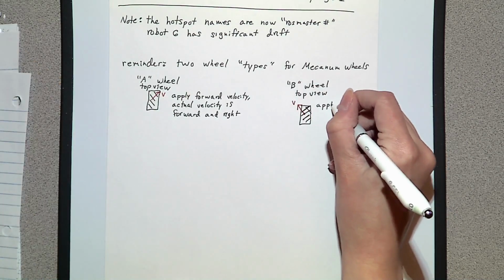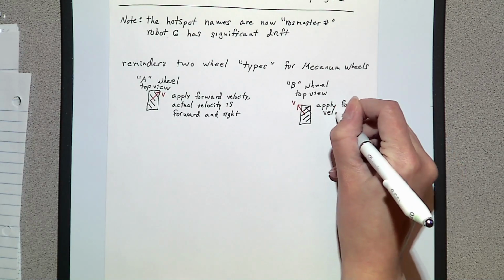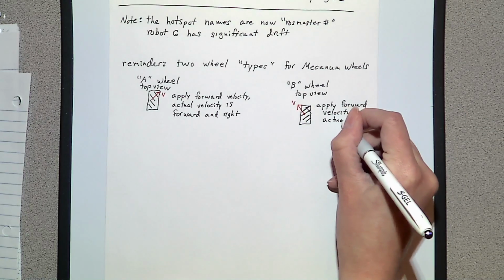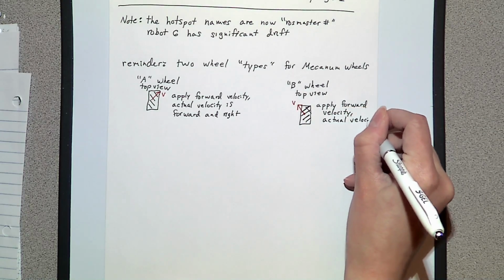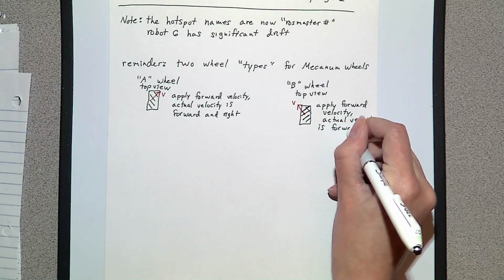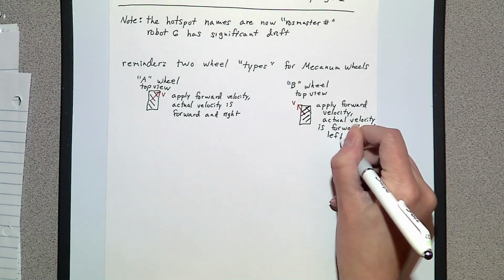So apply forward velocity, our actual velocity is forward and left.